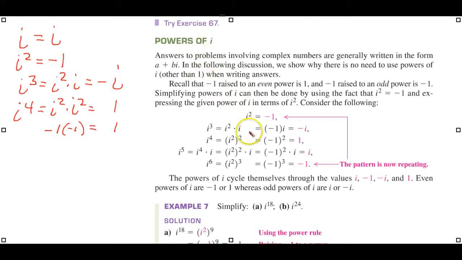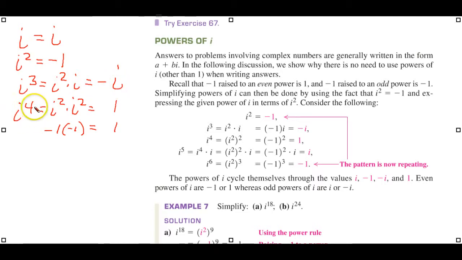So a little background of powers of i. We know that i equals i, and i squared equals -1. Well, i to the third, can you see, is i to the second, which is a -1, times i, which equals a -i.